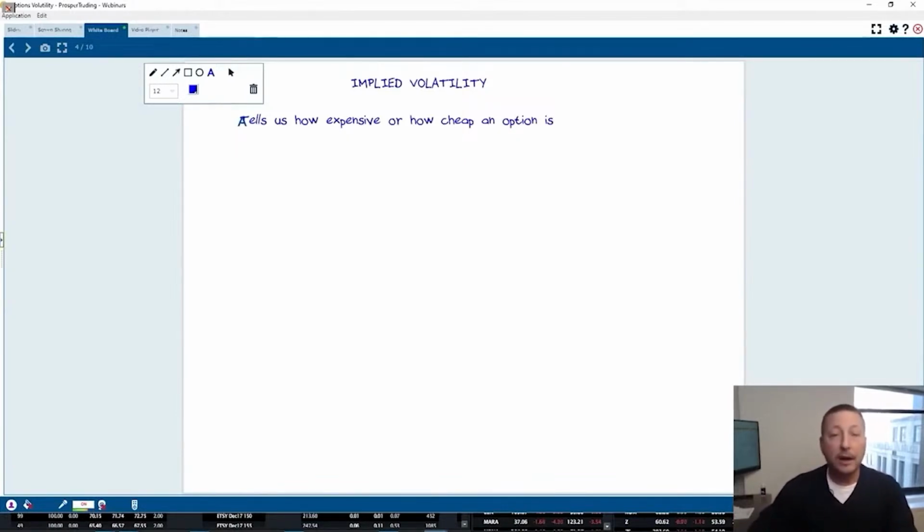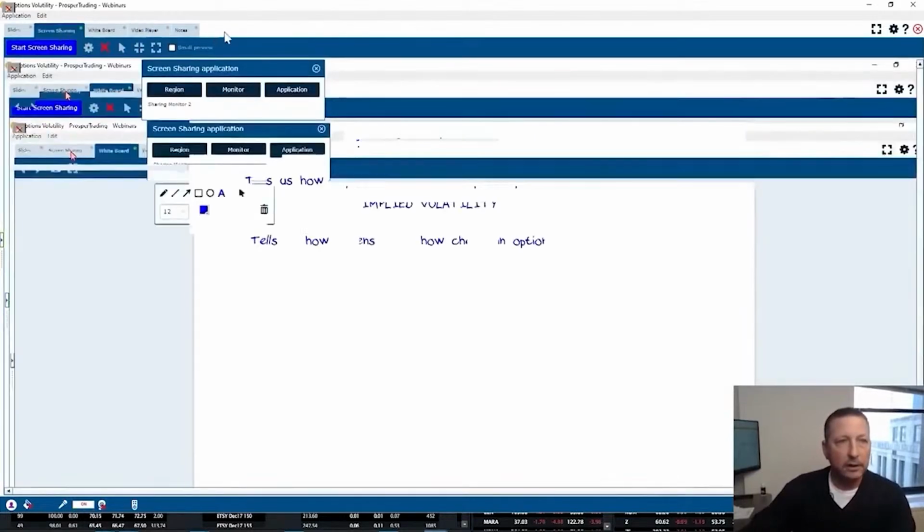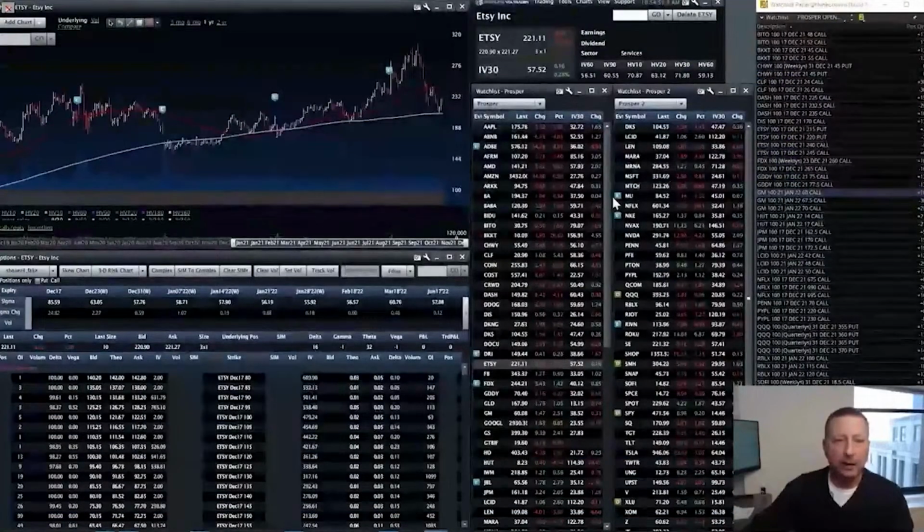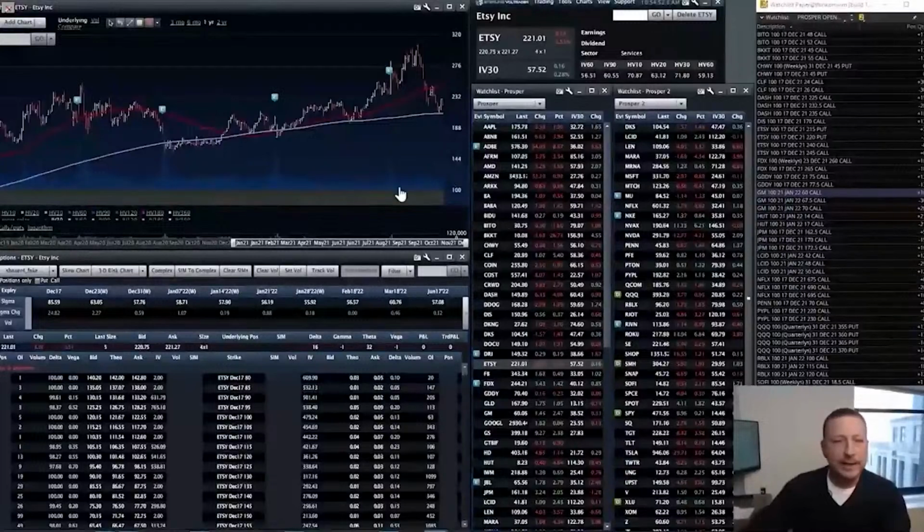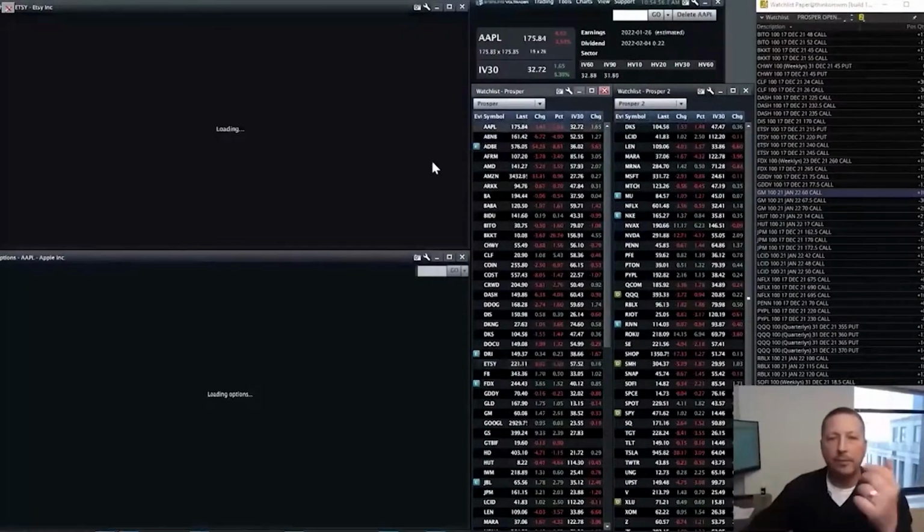So things that are more volatile typically cost more. Things that are less volatile, when things are complacent, cost less. Same thing with options. And on any particular stock, we can see a volatility chart. I'm going to pull one up here on Apple.